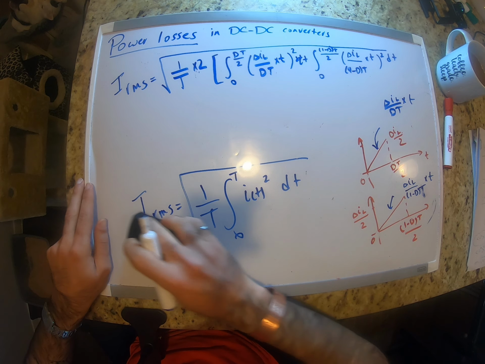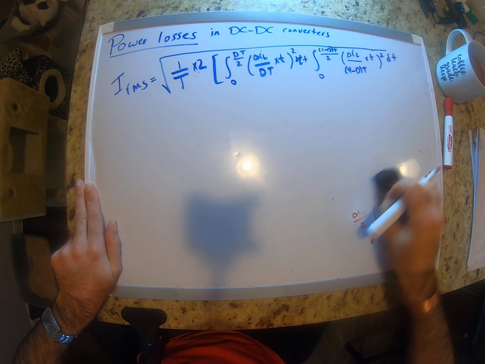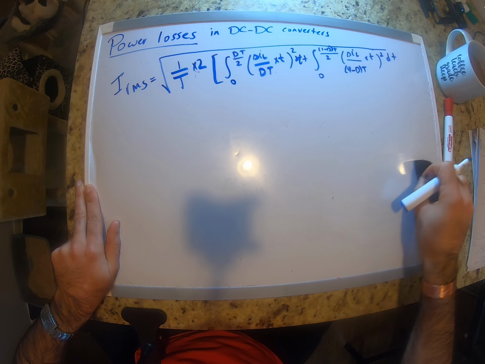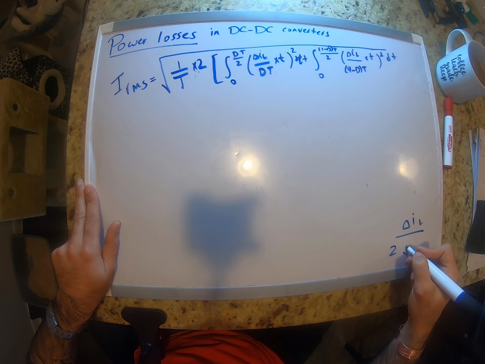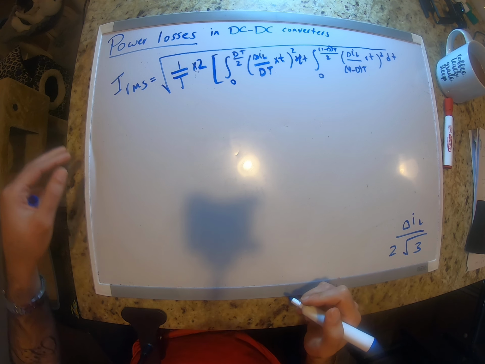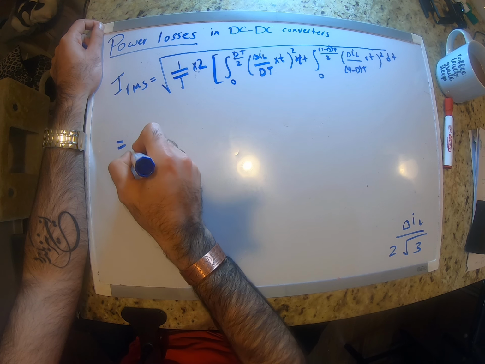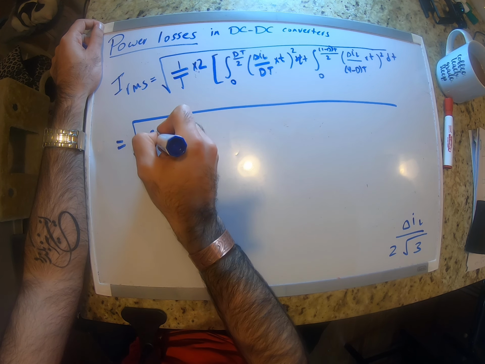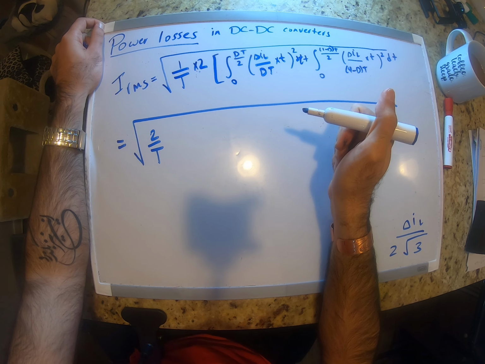Okay, so now I can just erase this. Now I just need to calculate this integral. I hope I can find this at the end if I don't make any mistakes. Okay, so let's do this. Square root of 2 over t. Maybe I can take all the constants out.